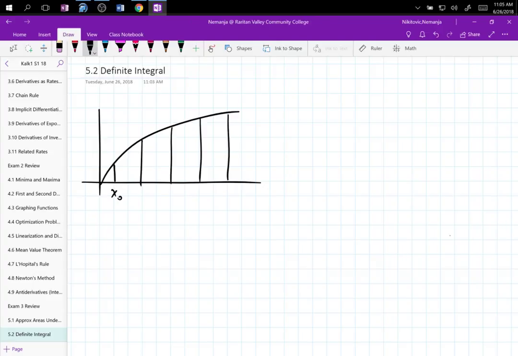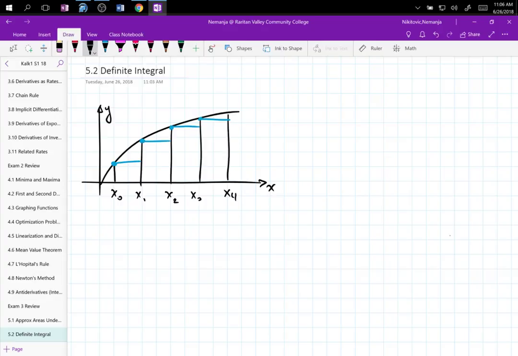Call the divisions, for partitioning, x0, x1, x2, x3, and x4, and then decided whether we want to use left or right. In this case, let's use left just for the sake of the example. Then we computed the areas of these individual four rectangles, added those, and claimed that our actual exact area is close, not the same, but close to the one that we approximated.